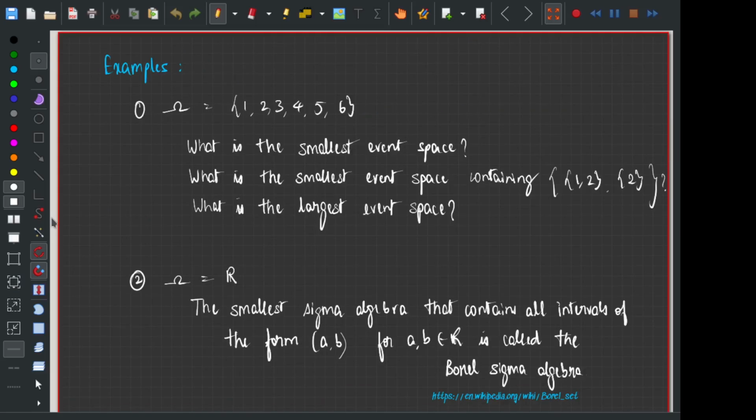So here are some examples. Let's suppose that your sample space is the outcomes of a roll of one die. In this case, what is the smallest event space?